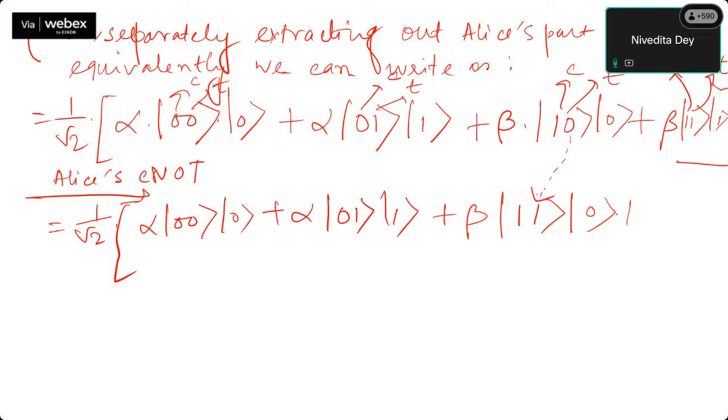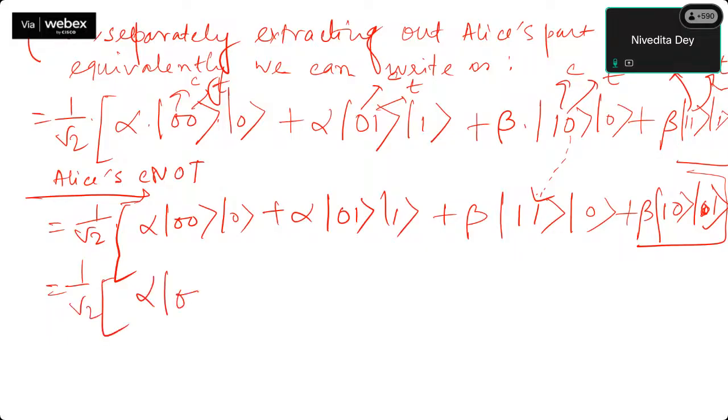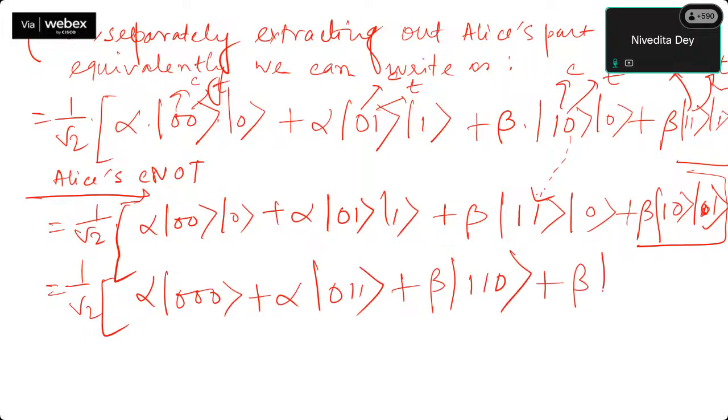Okay, plus beta, control is 1, so the target will be flipped to 0. So if we write them together, it will be alpha 000 plus alpha 011 plus beta 110 plus beta 101.